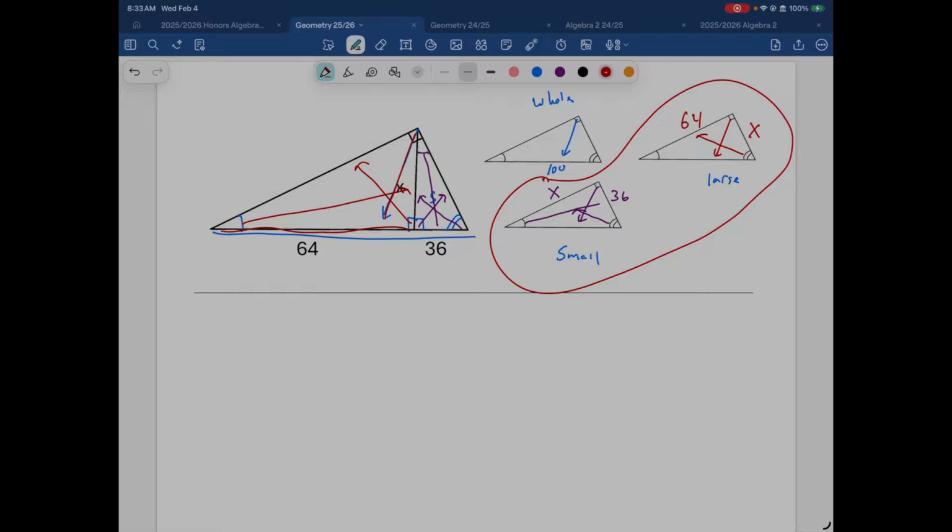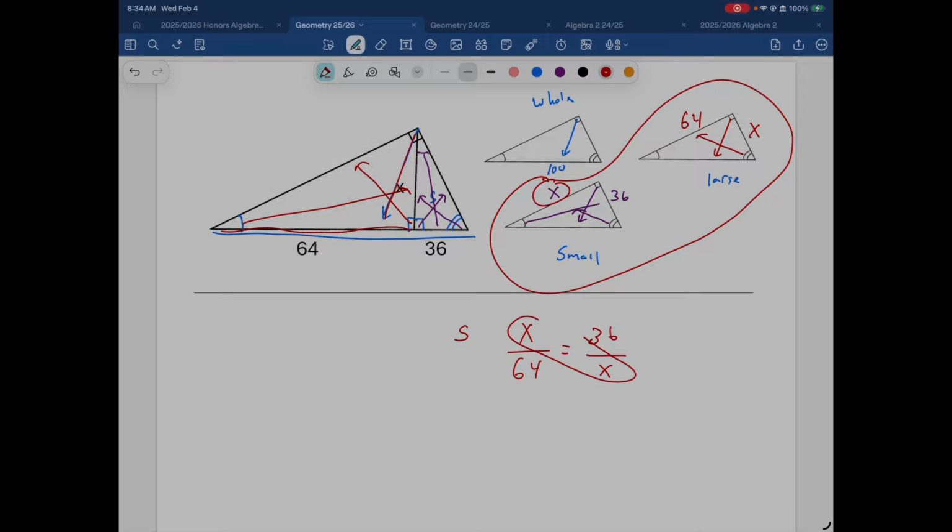Start with the small, it doesn't matter, I'm going to do small, so I'm going to go x over its corresponding side for the large, which is 64. That's going to equal, since I started with the small, I need to stay with the small. That's 36 over its corresponding side, which is x.